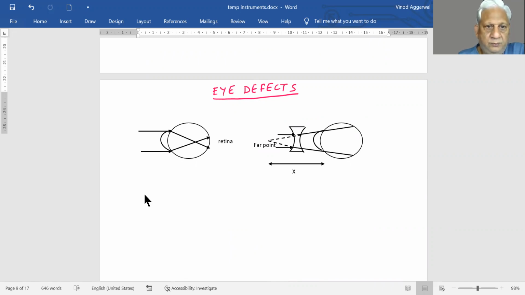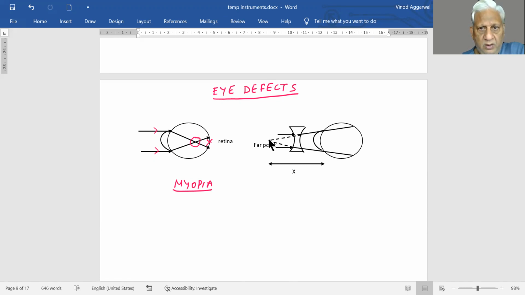This is the case for myopia. The image of a distant object is formed at a place which is closer than the retina. It doesn't fall on the retina. In order for the image to fall on the retina, we introduce a concave lens. A concave lens makes the image coming from distant places coincide with this far point.